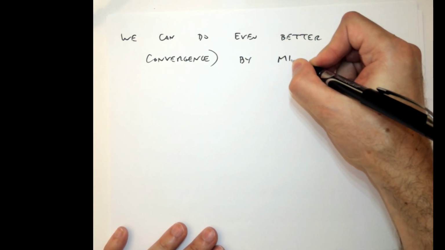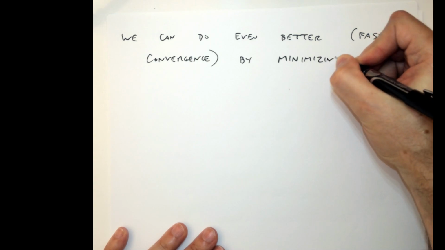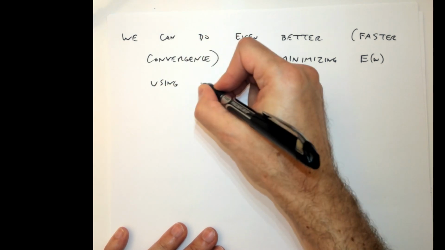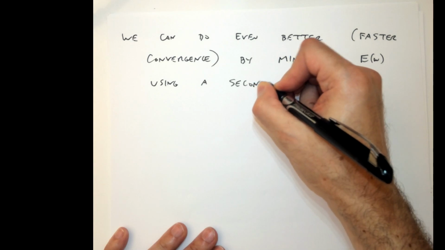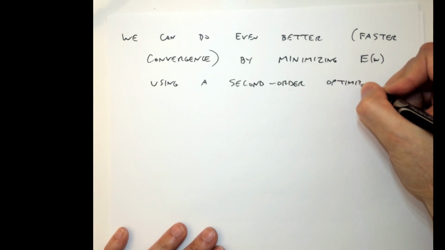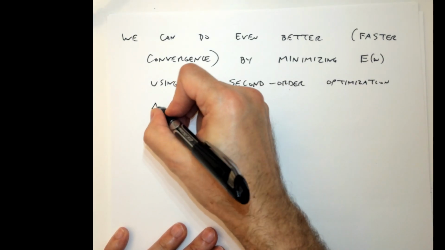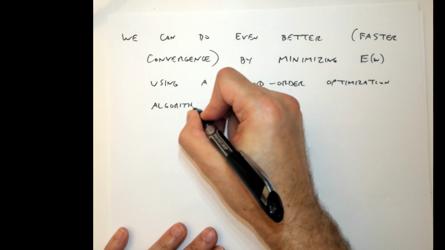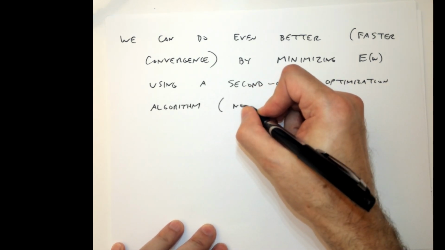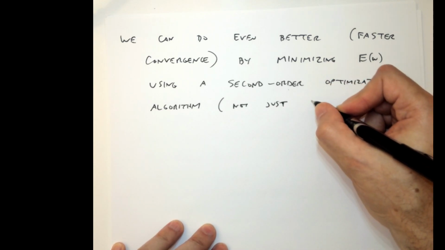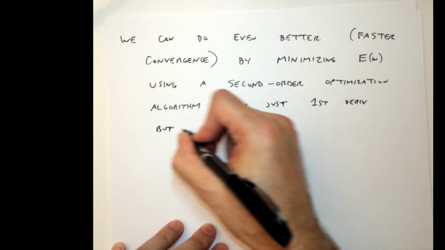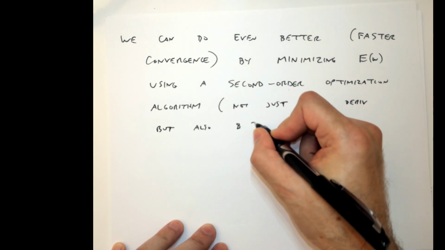So we can use what's called a second order optimization algorithm. What this means is that we use not just the first derivative, like the gradient, but also second derivatives.